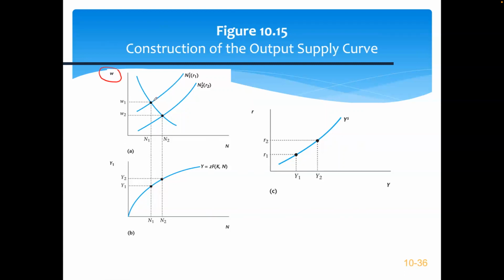So for any interest rate, you're going to have an equilibrium. Now if the interest rate changes, you're going to have a different output, right? That's what we discussed earlier. So from here, together we get the right-hand side, output supply. So output supply is going to increase with the interest rate, right? When the interest rate increases, essentially the household is going to take less leisure, and this is supply.